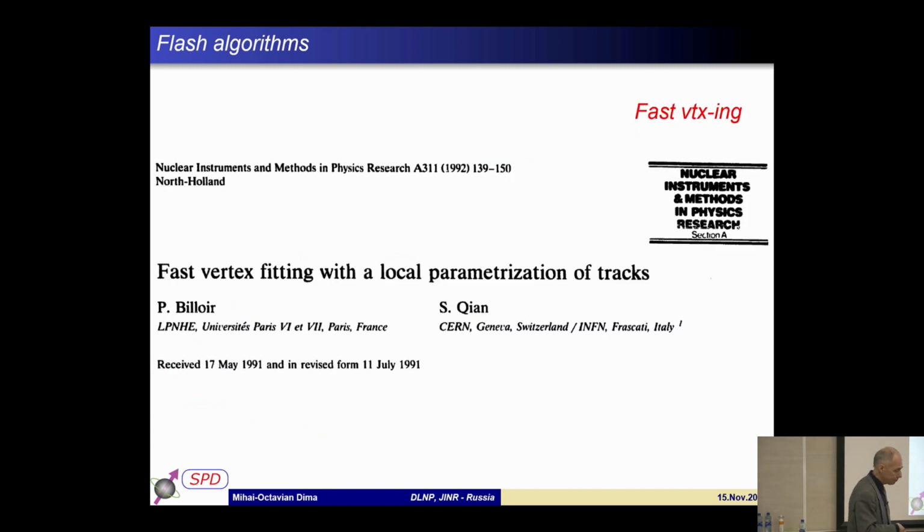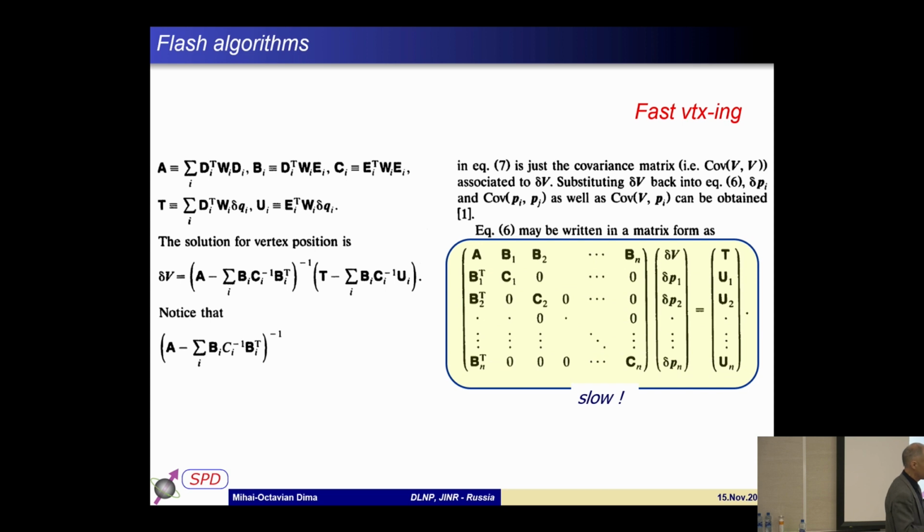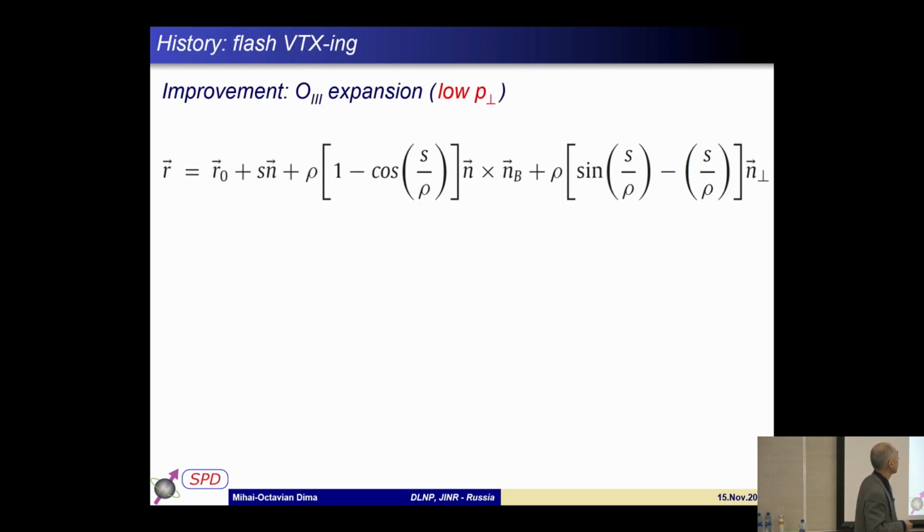Another area is vertexing. This, again, is a nonlinear problem. There's the famous paper of Billoir. But in all his papers, he has this matrix type of approach, with matrices of matrices and vectors of vectors, and that is slow. I've done some work myself.